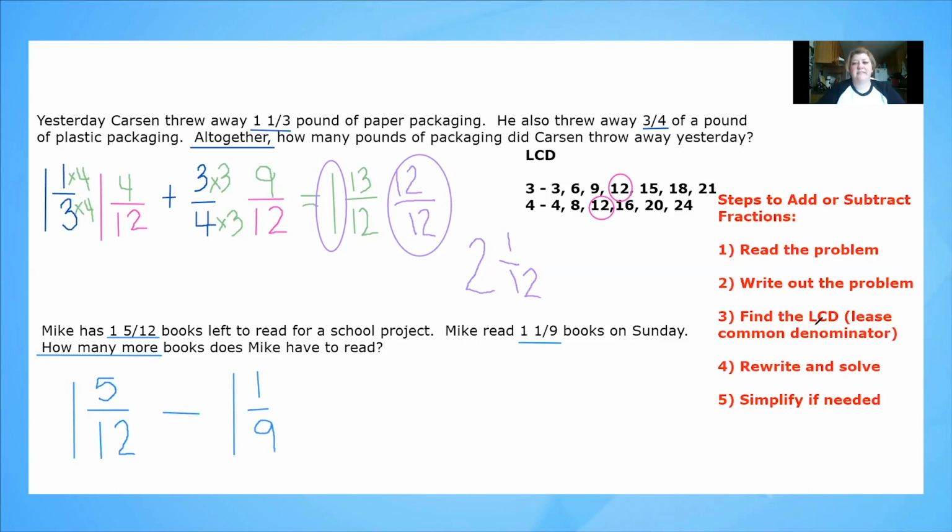We're going to find that LCD, or that least common denominator. What are the denominators that we are going to use? I see we have a 12 and we have a 9.